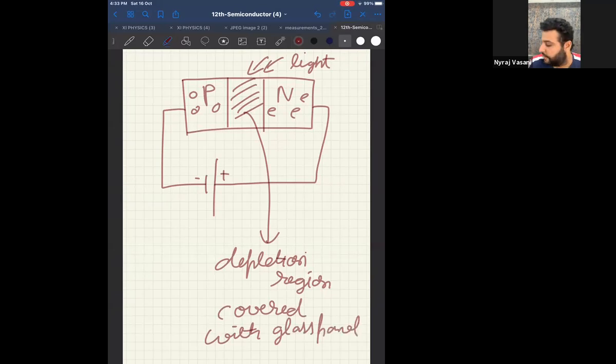Draw this diagram below the logic. Depletion region covered with glass panel. I have written: depletion region covered with glass panel.